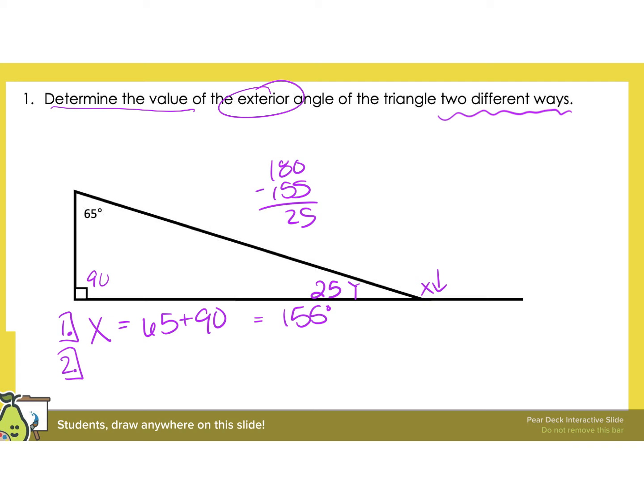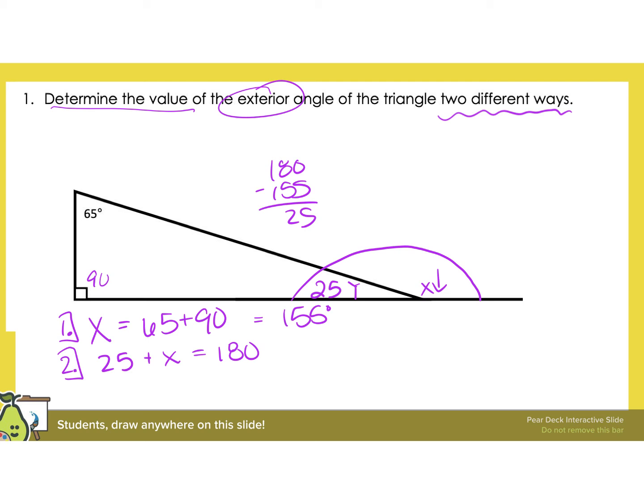So the second way I could do it is 25 plus x has to equal 180 degrees because they are supplemental. They form a straight line. So I could do it like that.